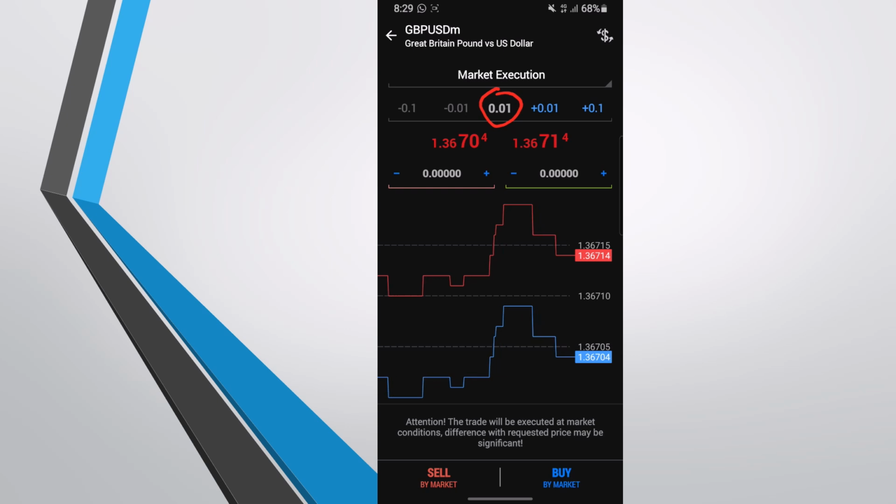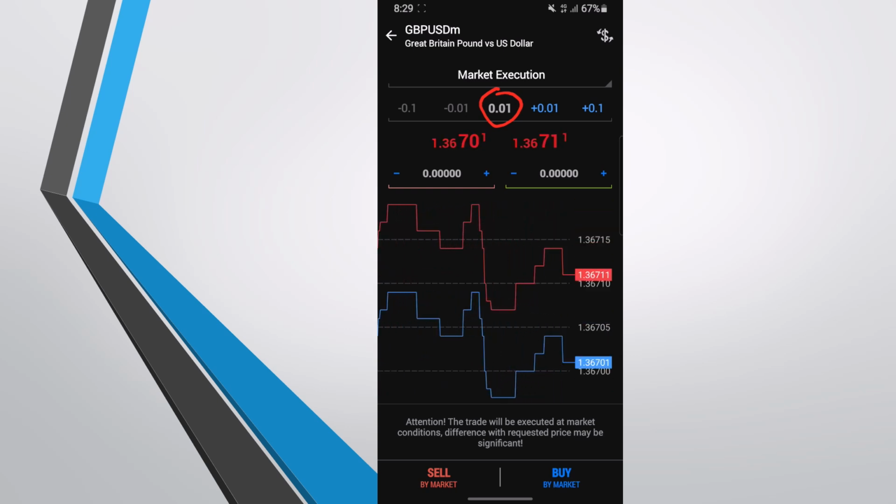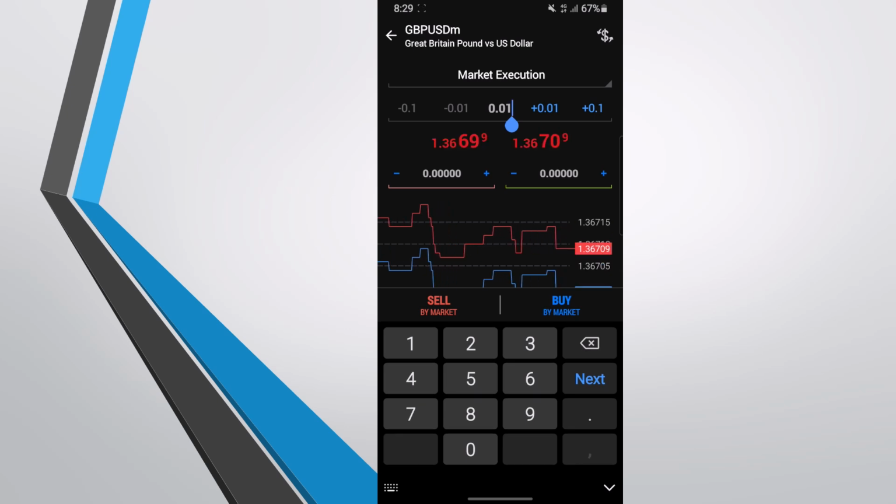You can see 0.01. That one right there can become two micro lot size, 3 micro lot size, 4, 5, 6, 7, 8, 9 micro lot size.